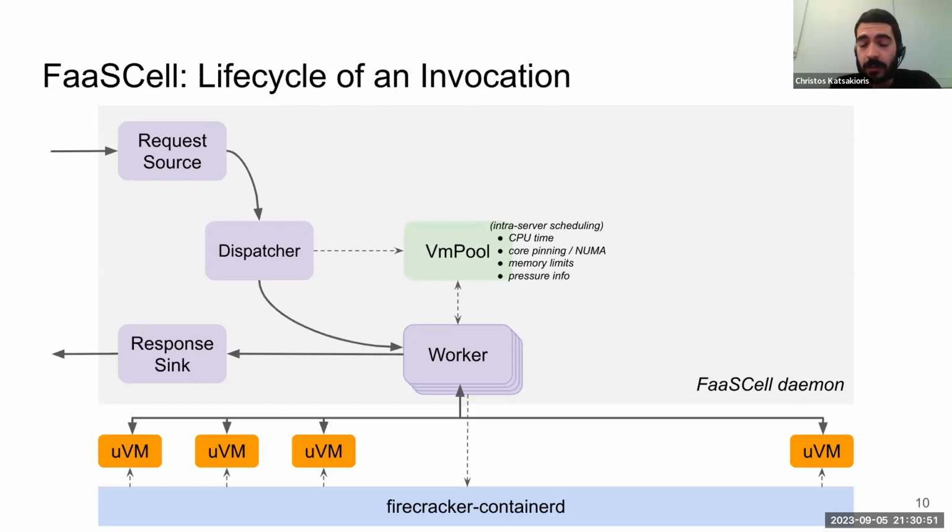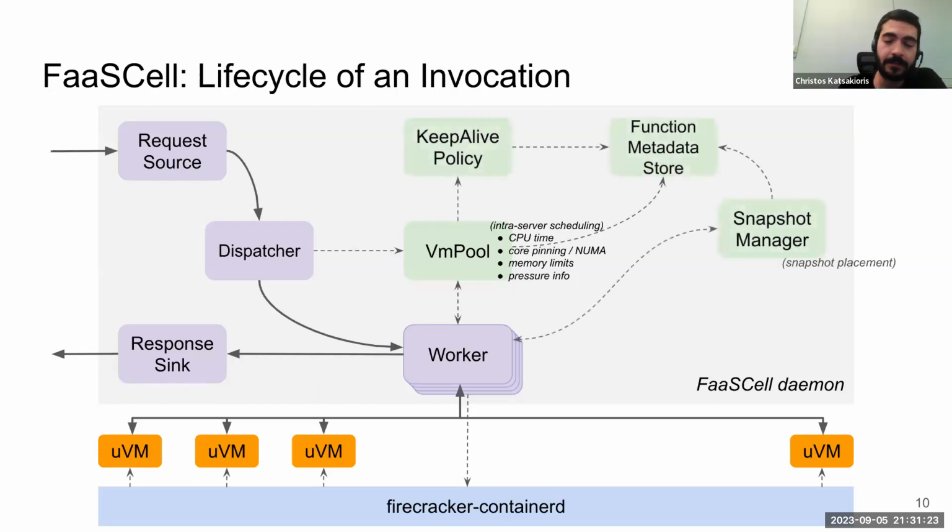The VMpool is responsible for managing the workers and the VMs, be they busy, idle, persisted in snapshots, or shut down. And it is also responsible for assigning local node resources to them, like CPU time or enforcing memory limits.